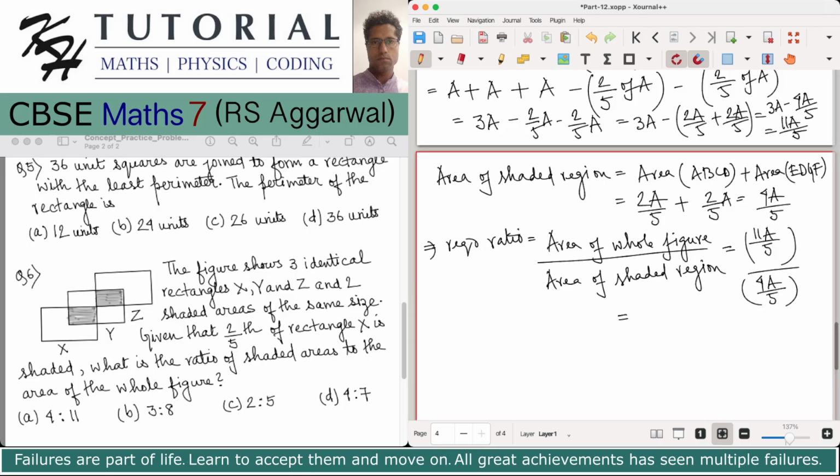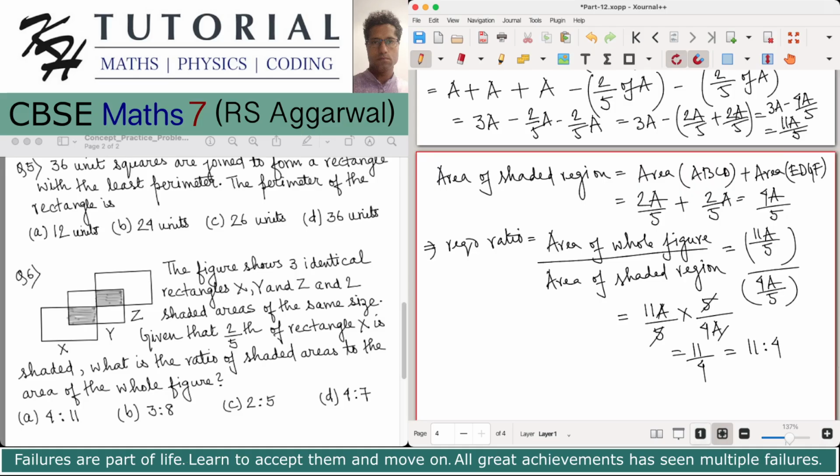This is equal to 11A/5 multiplied by 5/4A. 5 cancels out, A cancels out. This is equal to 11/4, which is 11 is to 4. So 11 is to 4.